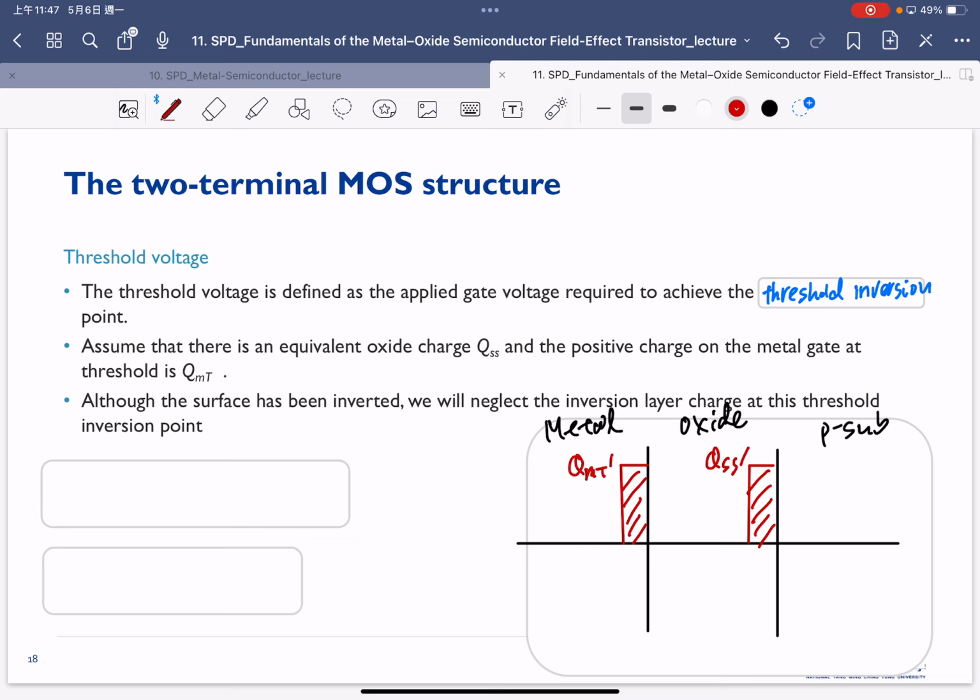In this case the surface has been inverted, but there's also a certain depletion width here. We will neglect the inversion layer charge at this threshold inversion point, because this is exactly at the threshold inversion point. So you will only have the maximum depletion width.